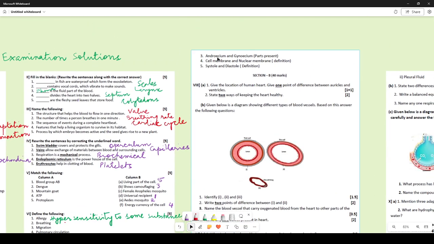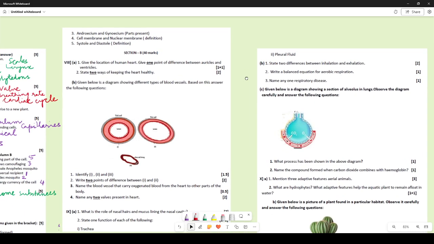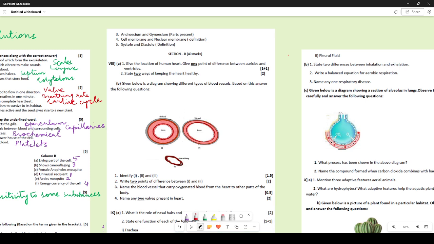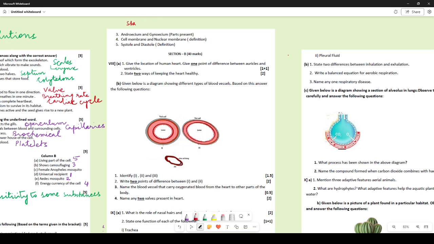Alright. So androecium and gynoecium, what are the parts that are present over there? You have to differentiate between them based on the parts present in androecium and gynoecium. In androecium, what is present is stamen and anthers.